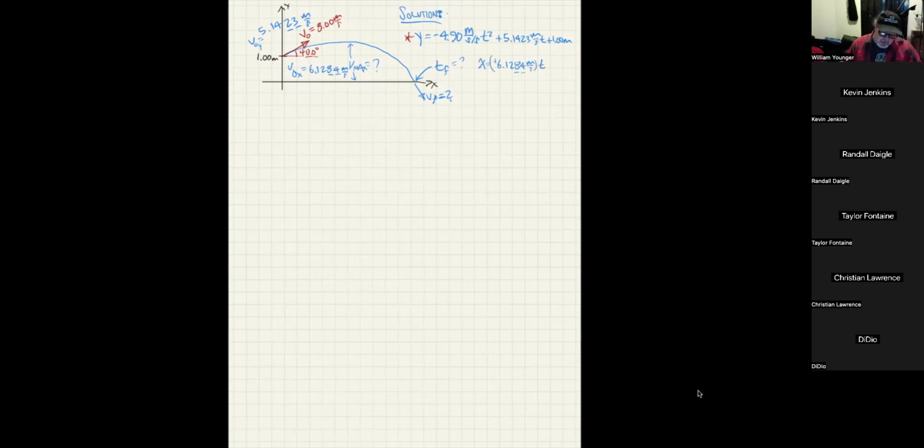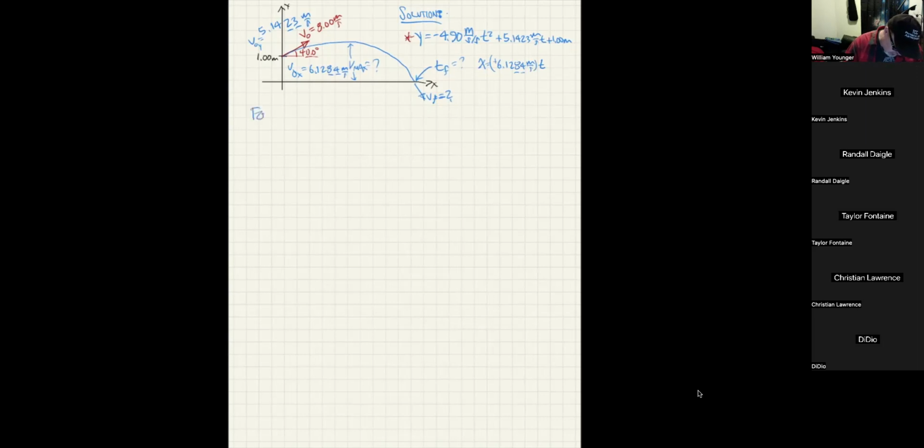That gives me exactly the position x at any time up until the t final, which is what they're trying to find out. So what I'm going to do is figure out what t gives me y equals 0.